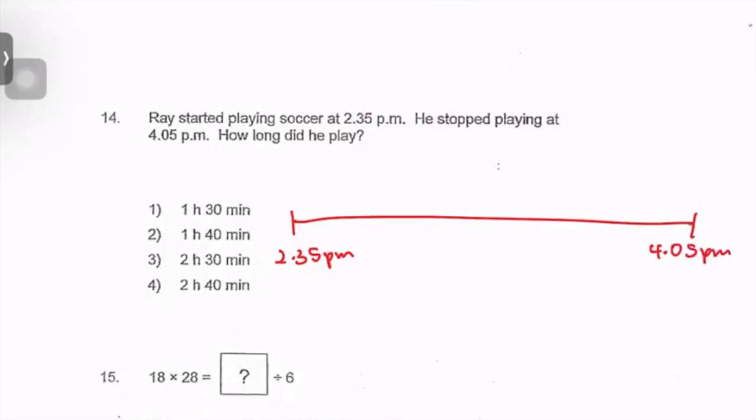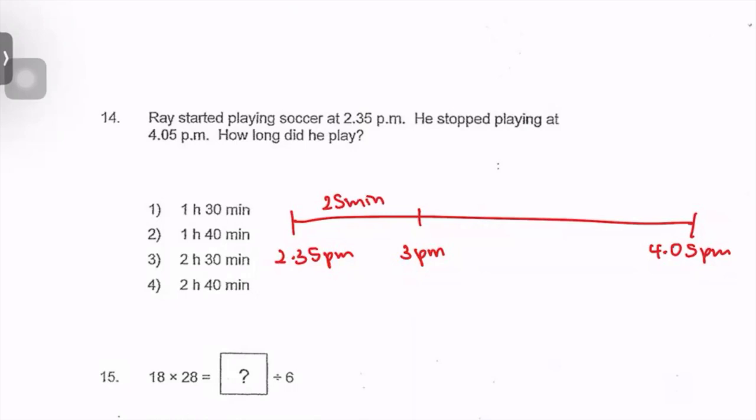Okay, so what's the nearest hour to 2:35 p.m.? It's actually 3 p.m. So we are doing this to make life simpler for us. Between 2:35 p.m. and 3 p.m., how many minutes is that? You're right, it's 25 minutes.